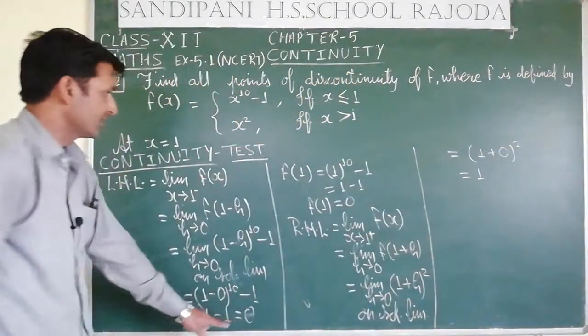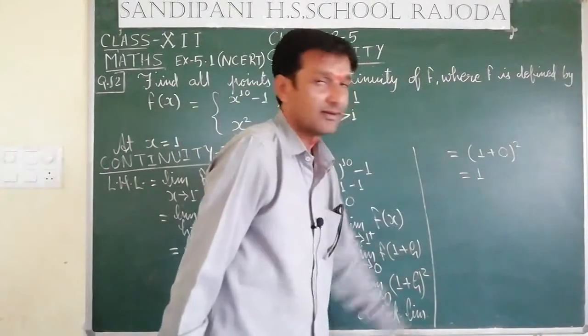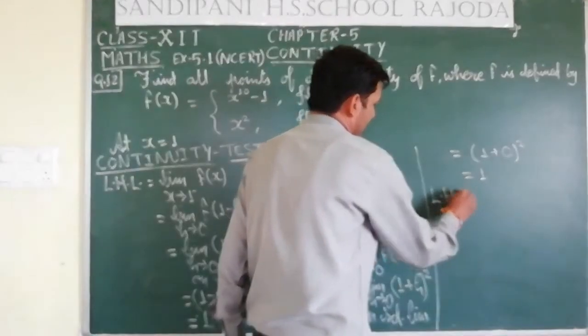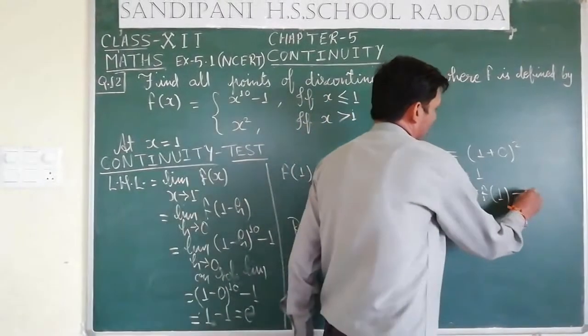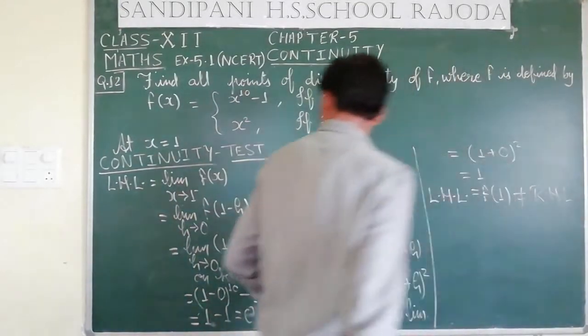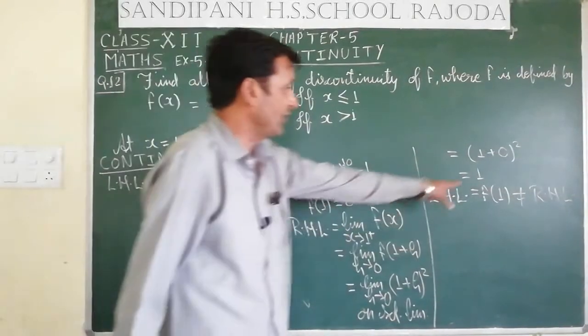Here LHL is 0, f of 1 is also 0, but RHL is 1. So LHL is equal to f of 1, but it is not equal to RHL. It is well clear, because 0 is equal to 0, but it is not equal to 1.